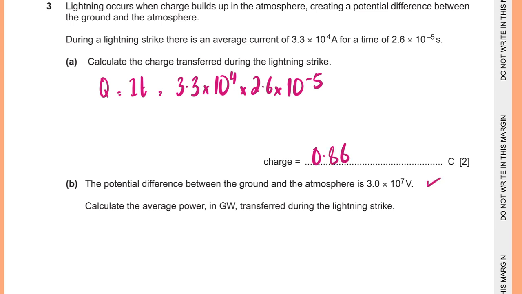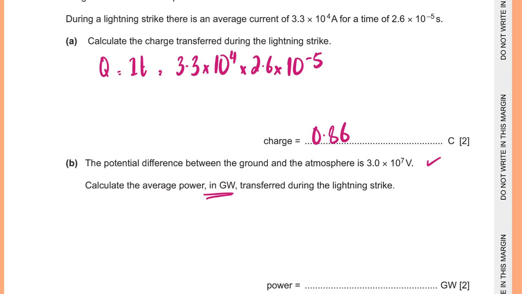Potential difference is given. You have to find the average power transferred during the lightning strike. A couple of ways you can go about this. You can use P equals VI, right? And you could have also used the definition of the potential difference in a way, but I think this is pretty straightforward. So V is 3 into 10 to the 7.